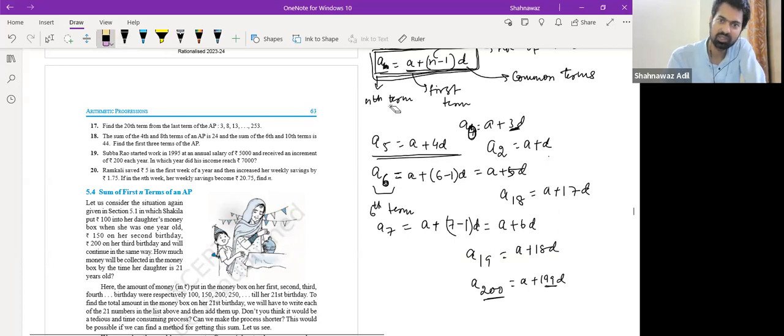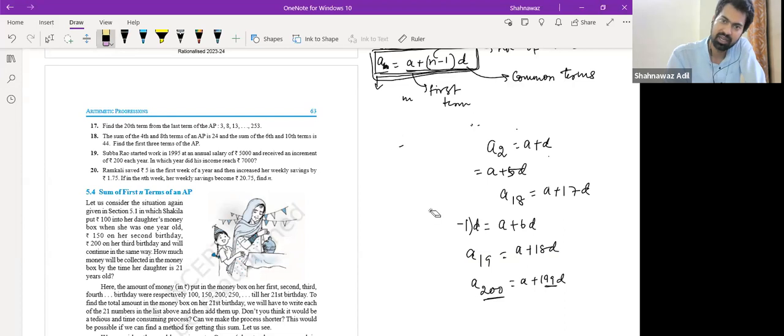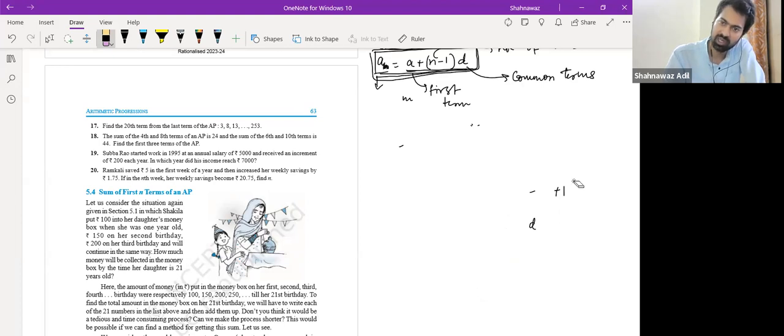So let us quickly finish this whole question, and then we'll talk about those terms, right? Otherwise, we'll be stuck at this point. So find the 20th term from the last term of the AP.